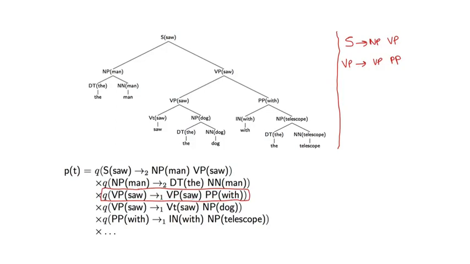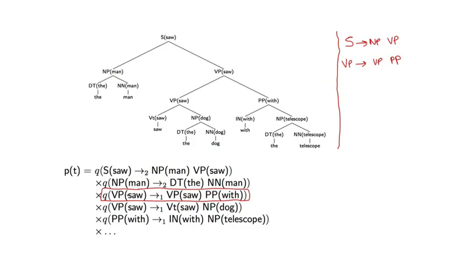What we see here is that we now have parameters that explicitly model dependencies between lexical items. For example, the dependency between saw and with. And these dependencies are linked to particular grammatical relations. So for example, we have the ability to say how likely is a prepositional phrase with preposition with to modify a verb phrase with head saw.